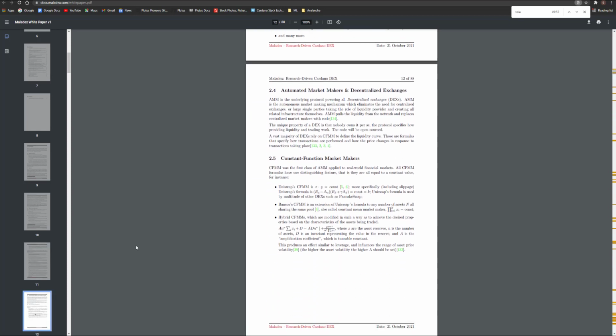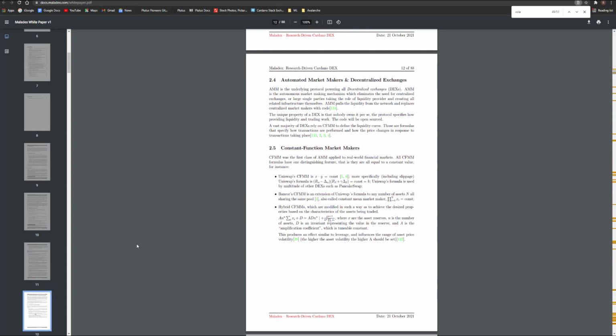Now, in a centralized market, you'd have a market maker that helps provide that liquidity and also carries out the transaction for you. And that market maker is usually a centralized body, such as an exchange. With decentralized finance, there is no middleman, no middle entity.